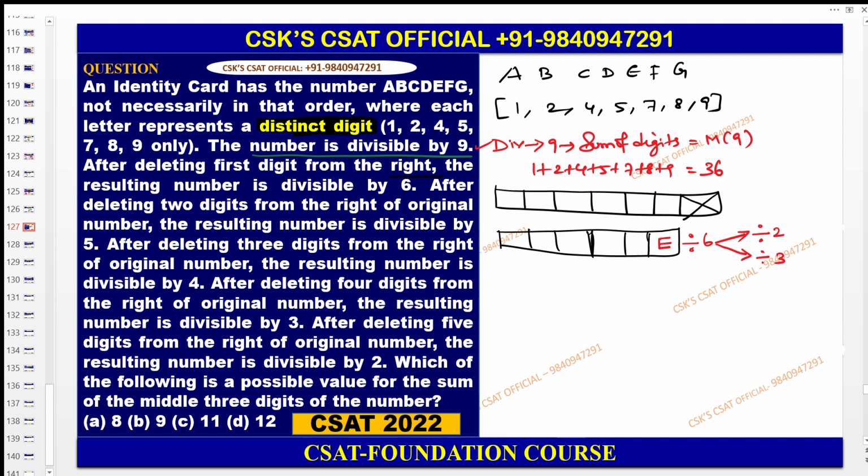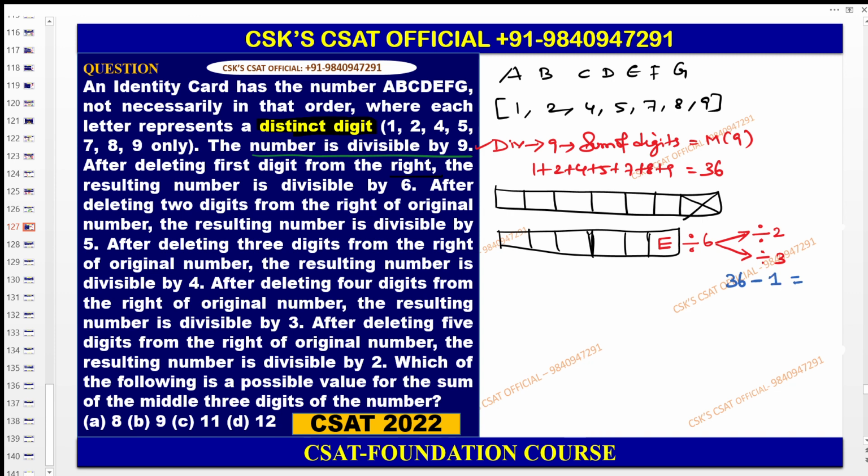To check that one, understand the total here is 36. Whatever you are leaving, the resultant has to be a multiple of 3. That is very important. Suppose you are leaving x, I am leaving that x here.